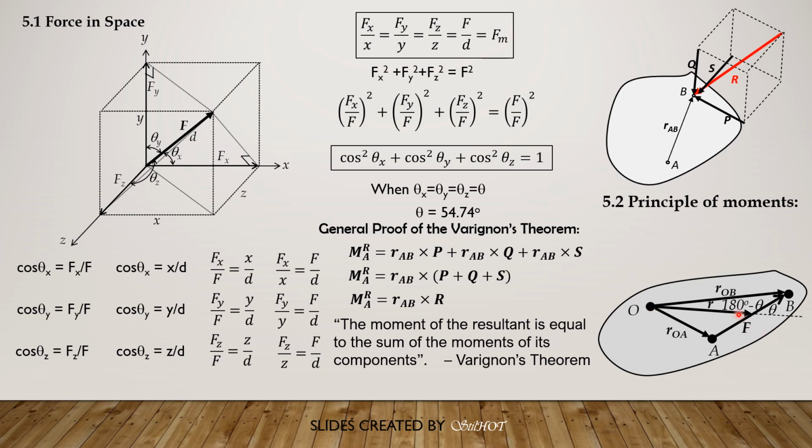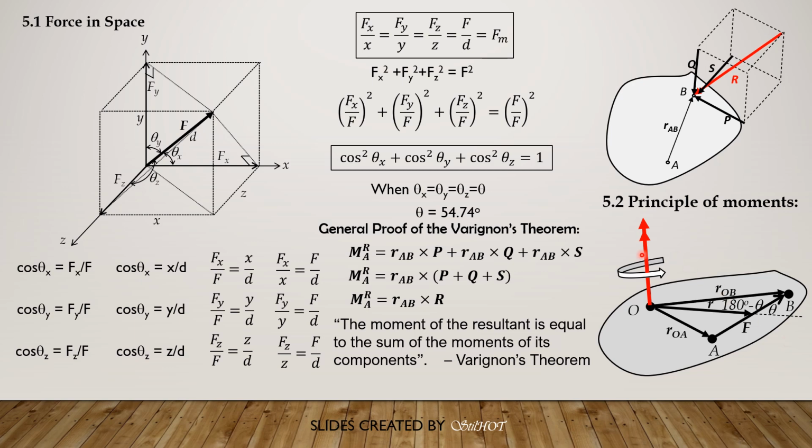So if this is the extension of R, and then R and F form an angle of theta, and this other angle is 180 degrees minus theta. So this is the moment of the force, that's the sense.